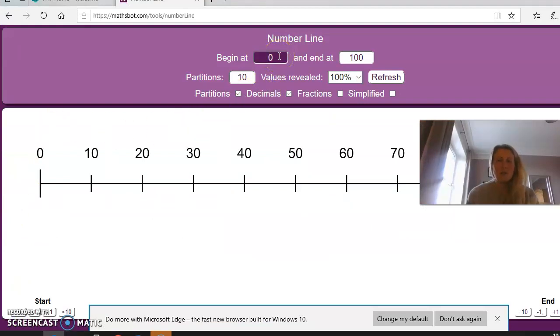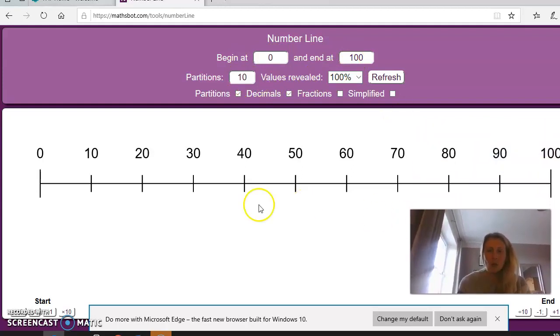I want you to start your number line at 0 and end it at 100, in partitions of 10. Then your number line will look like this between 0 and 100. You can see it is counting in tens. That will help us with our number line work.